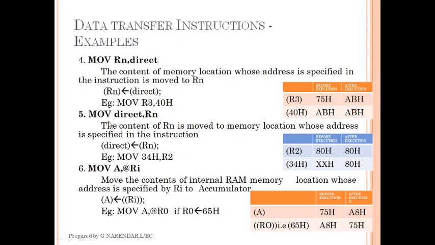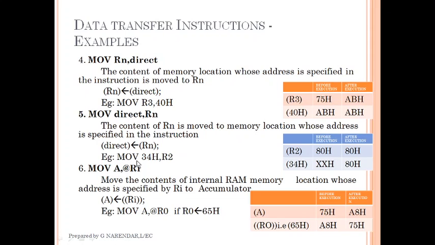Next we can see another instruction, MOV direct, Rn. This is exactly the opposite. It will perform just the opposite operation to the fourth one, where source and destination locations are interchanged. This instruction moves the contents of Rn to the memory location whose address is specified in the instruction.